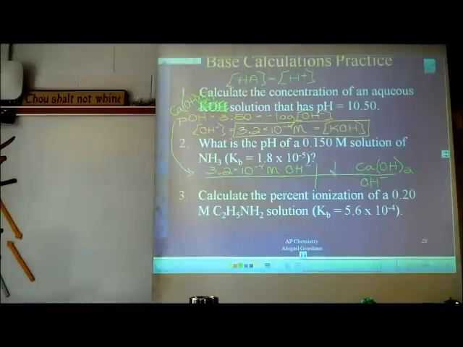For every one of my entire compound, how many hydroxides are there? 2. That was not the case for KOH. I didn't have to do this because these numbers would just be 1 and 1. So if this problem gave you calcium hydroxide, what would you do to this number to get your final answer? Divide by 2.